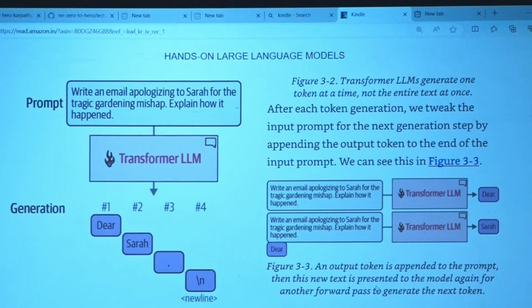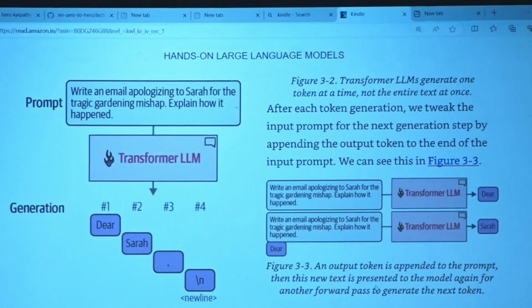So, step by step, using what is called the context. The one which is shown in black, that is called the context. Context means what is required to generate. So, using that context, it generates the first word. And using the first word and the rest of the context, it generates the next word.